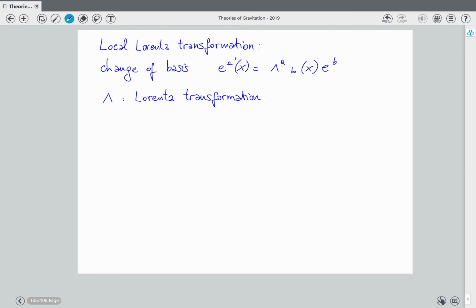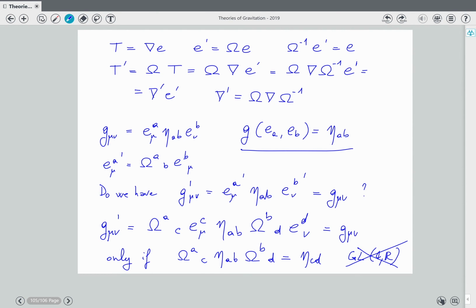Which means that everywhere, for every x, you must have this identity. The identity we saw before.